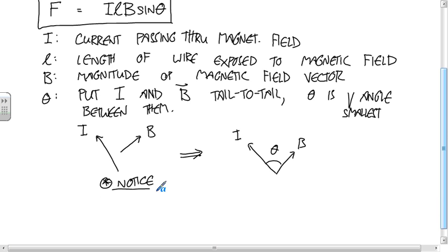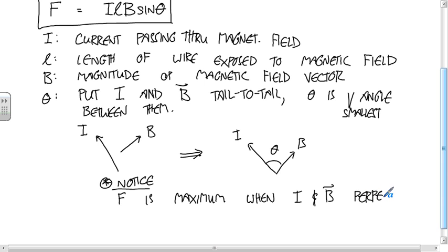So notice F is maximum when I and B are perpendicular, and minimum when they're parallel. Weird? I don't know. It might be. But that's how it is.